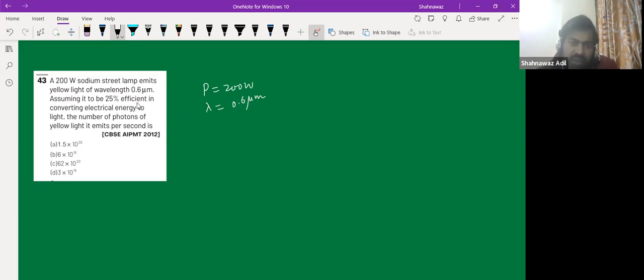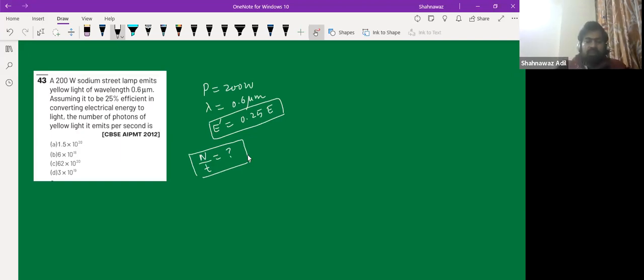So this is 25% efficient, which means that only 25% of the energy, whatever energy you calculate, so that is 0.25 of the energy that you are getting. So energy value you have, that is also there. And then you have to calculate the yellow light. So again, you have to calculate N by T, right? So is this question clear to you? Is it clear? Can you do this problem?